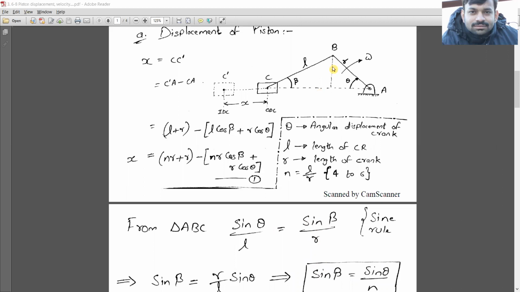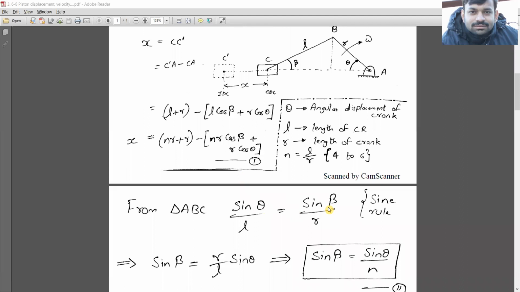So sine theta upon L is equal to sine beta upon R. Sine beta and its opposite side is R. From here we can write sine beta is equal to R upon L sine theta, and R upon L is nothing but 1 upon n. So sine beta becomes sine theta upon n.